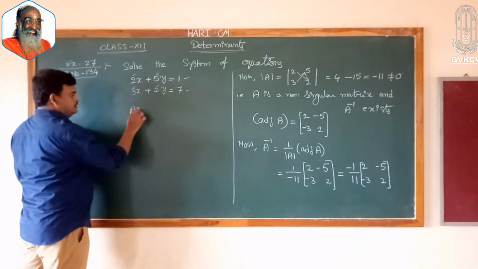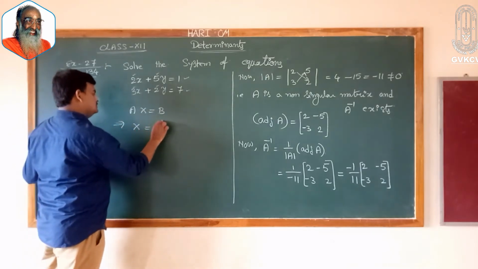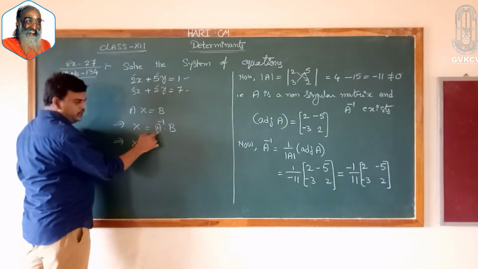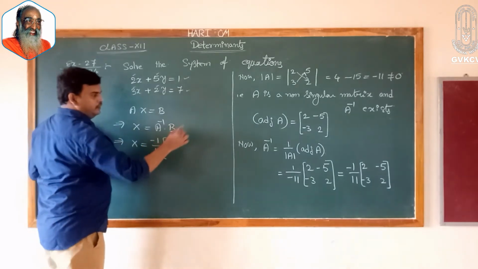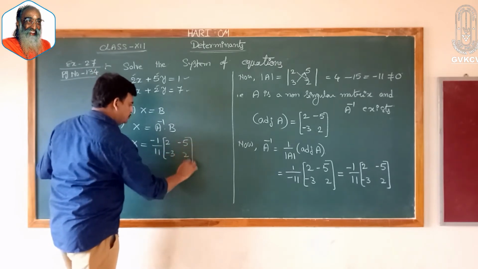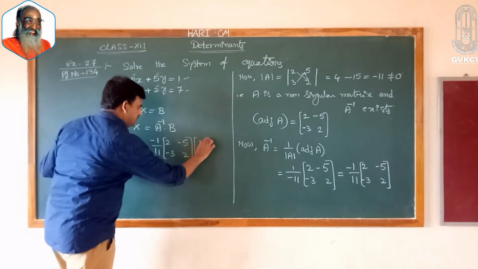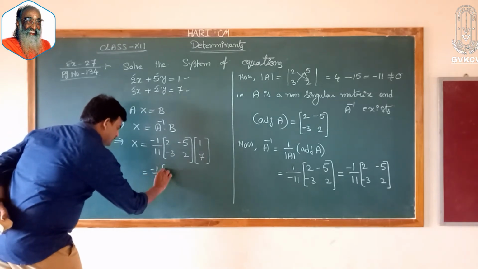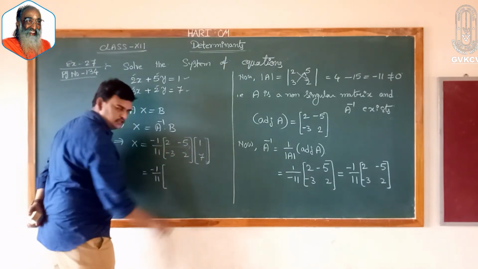We have AX is equal to B. From this, X is equal to A inverse into B. That implies X is equal to -1 by 11 into 2, -5, -3, 2 into B, where B is the constant matrix 1, 7. Now we should multiply, the first row multiplying with the first column.